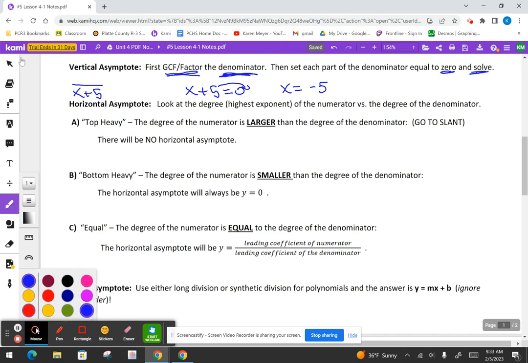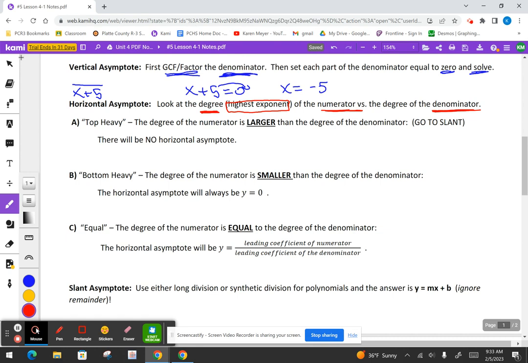Horizontal asymptotes, three different things could occur. Now, to figure out which one of these three you're looking at, we look at the degree, which is just a fancy way of saying highest exponent. So I want you to compare the highest exponent on the numerator and the highest exponent on the denominator.